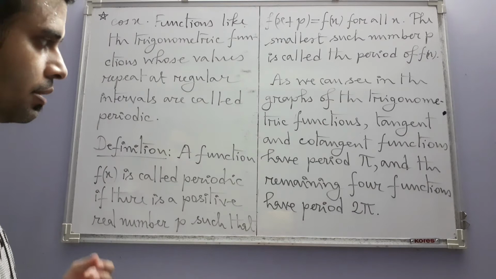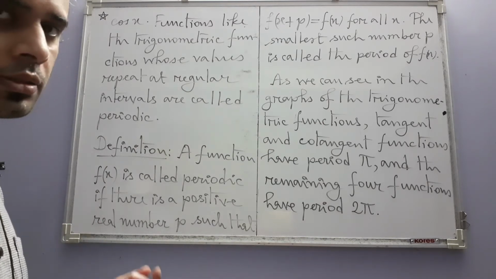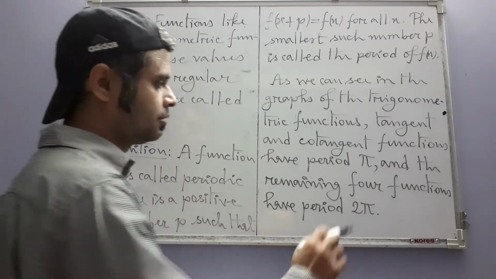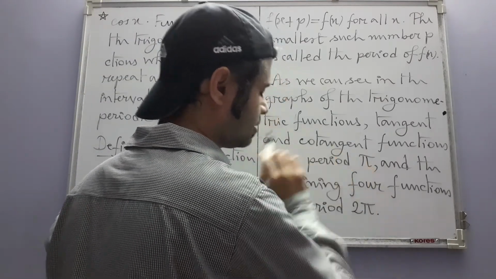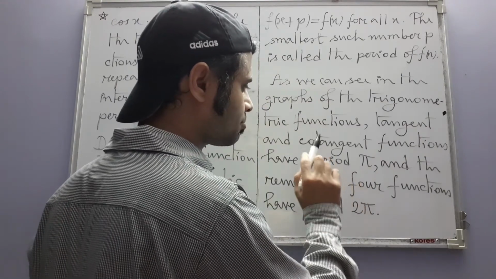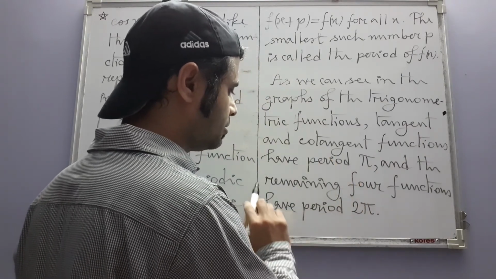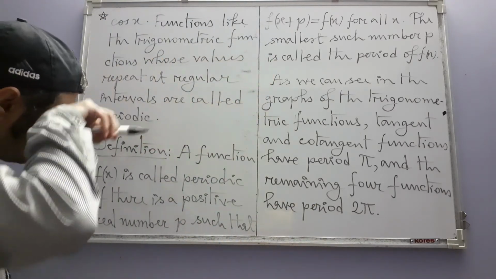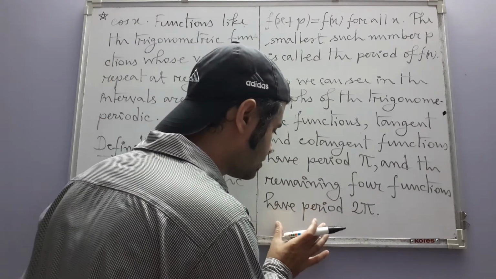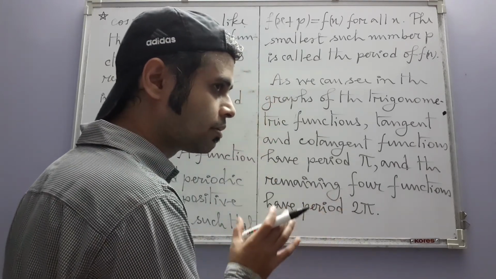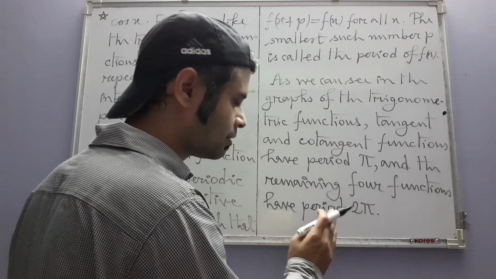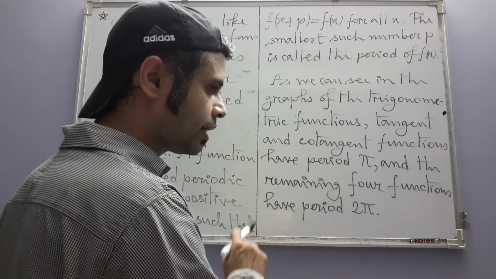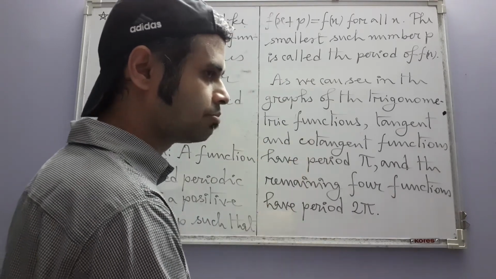I need you to verify this. Just go to the graphs of these functions and match everything with the definition. You will see that pi is in fact the smallest positive real number for which tan of x plus pi is equal to tan x, or in fact pi is the smallest length of an interval on the positive side of the x-axis where the entire behavior of tan x is captured.